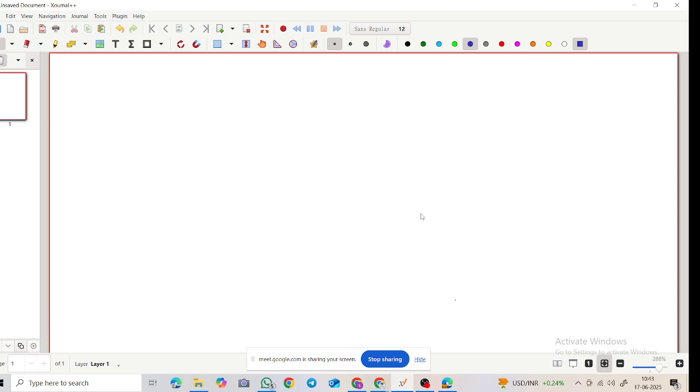So let's start with equivalence relation on a set. Do you know what an equivalence relation is?